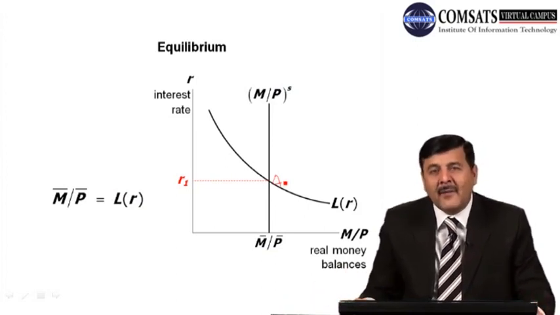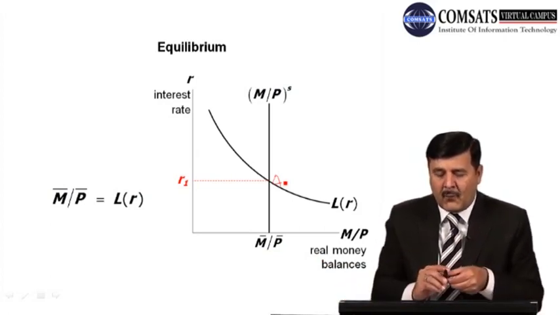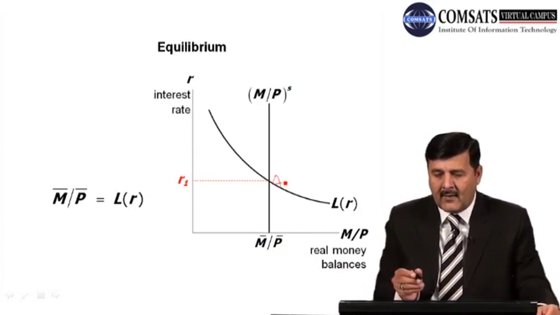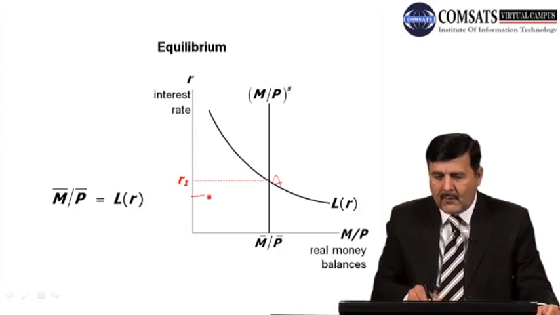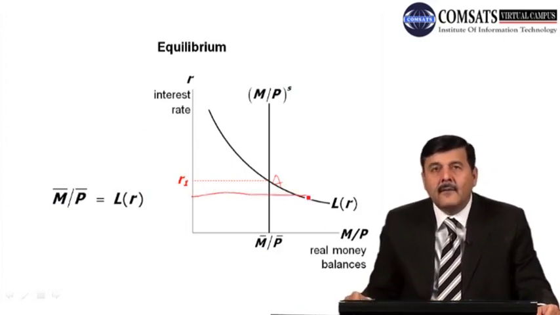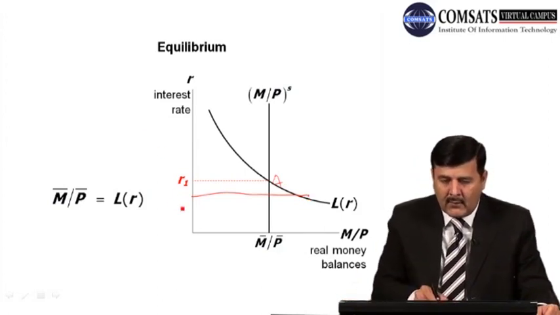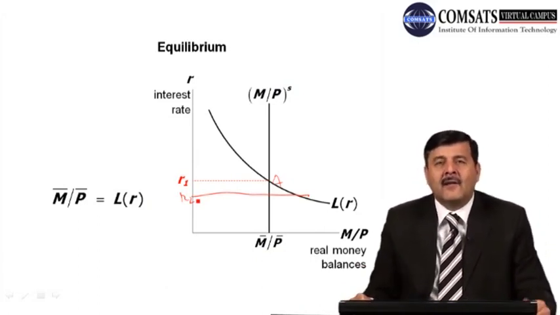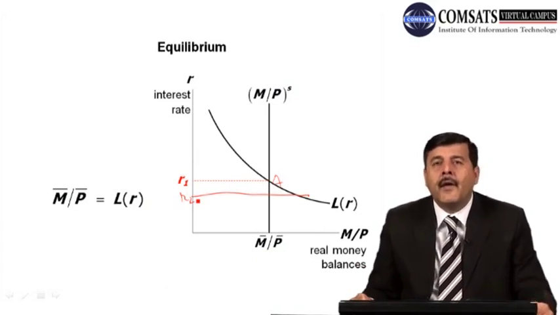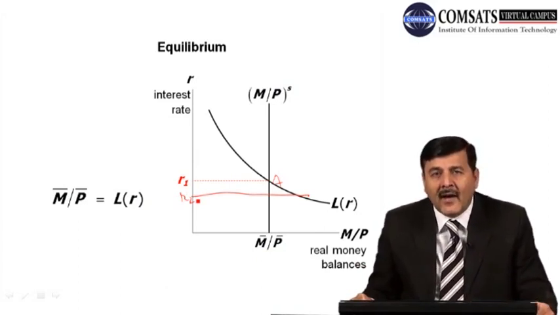Now why do we call this equilibrium? Why is the money market at equilibrium at point A? Suppose we have a point below this R1, somewhere here. Suppose here it is R2. Now what is happening at R2? The demand for money is more than the supply of money.